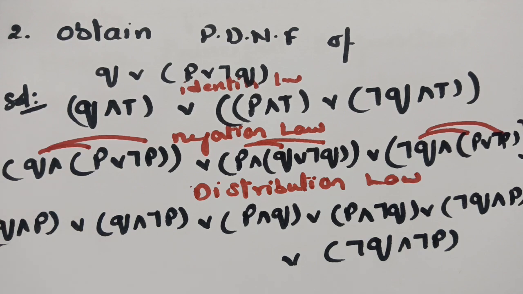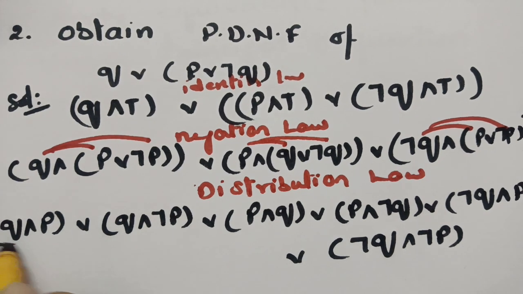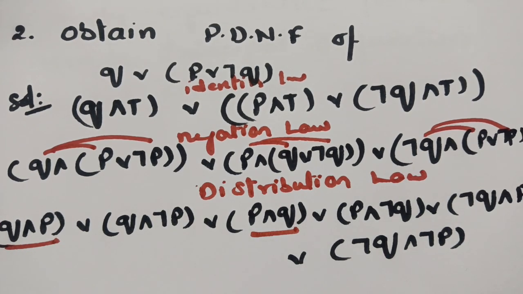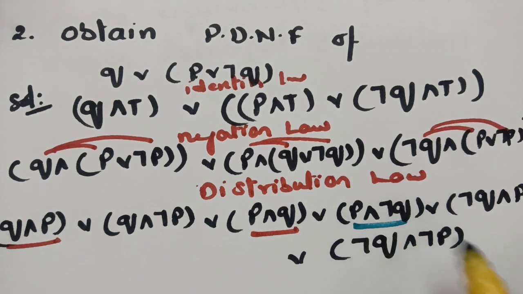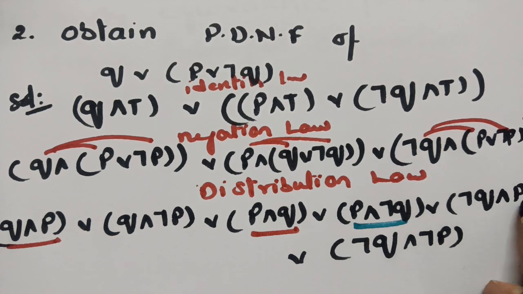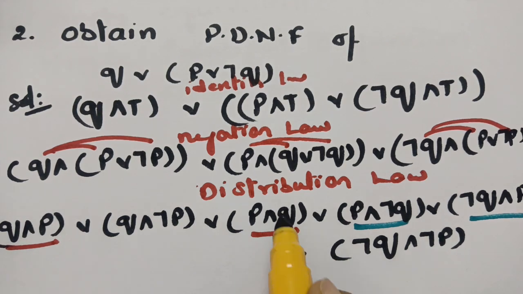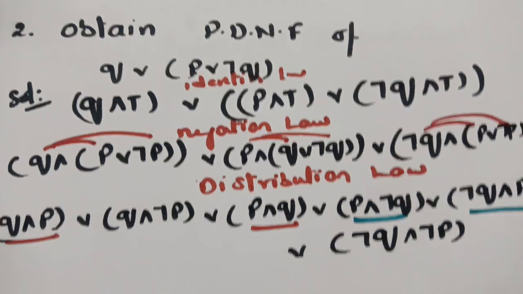So here, if you observe these things, here there is P and Q, and here there is P and Q, and the next thing here is P and negation Q. There is P and negation Q here, and there is P and negation Q here. These two are the same. So we have to use the idempotent law, and you can use it for one time.